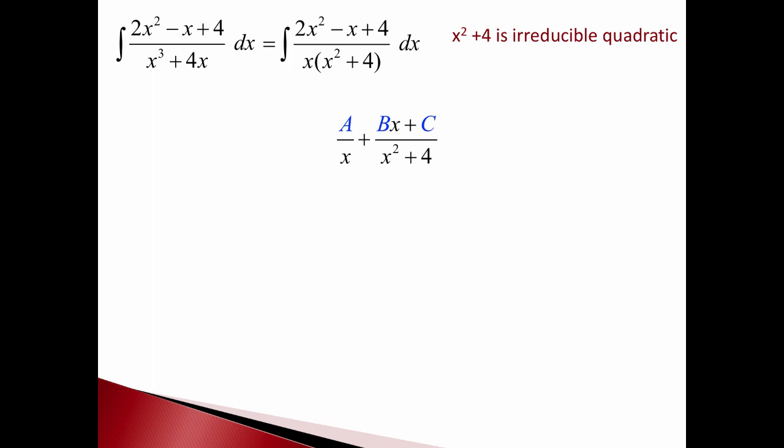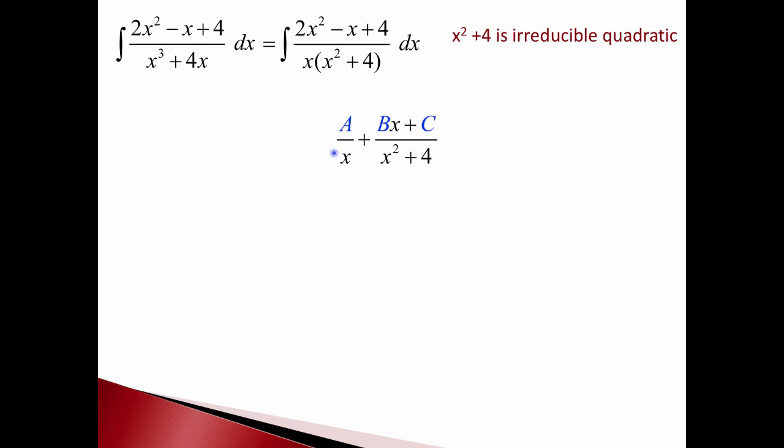And then we'll learn, I think in the next video, why we picked the A over one term and the Bx plus C over the other. So if I were going to put these back together, if I were going to take these terms and recombine them, I'd end up with what I started with. So what I would have to do is multiply the A over x, top and bottom, by x squared plus 4.